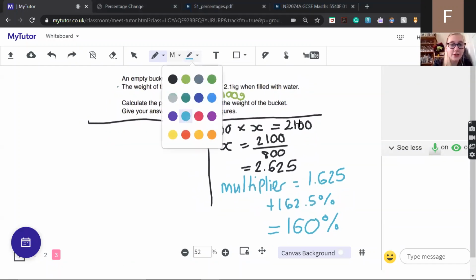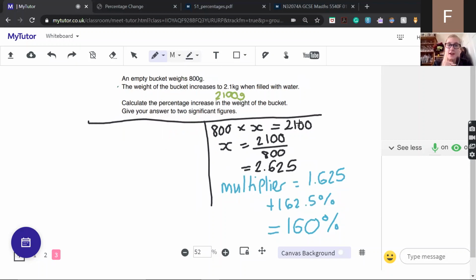Then if we do our other method, method A, let's look at the difference. How much did it increase by? Well, it increased by 1,300. Now this is where you've got to be really careful because this will feel very strange. We do 1,300 as a percentage of 800.